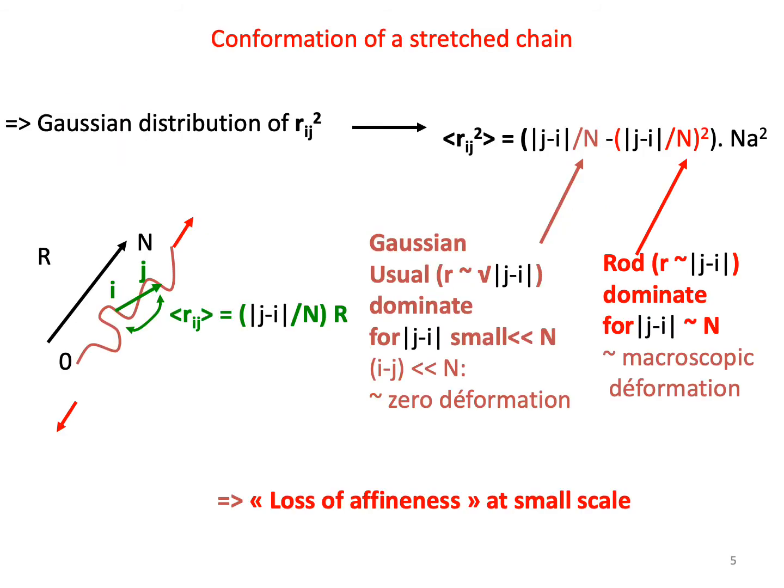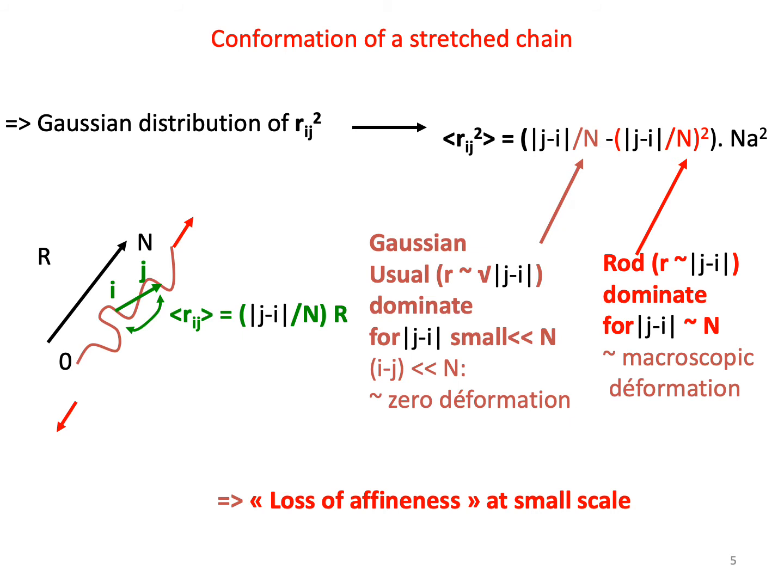Let us consider a Gaussian chain stretched by its ends. The squared distance between two monomers, i and j, has two contributions. The first one, R_a_ij squared, is proportional to j minus i, as in a usual non-stretched Gaussian chain. The second contribution is proportional to (j minus i over N) squared.